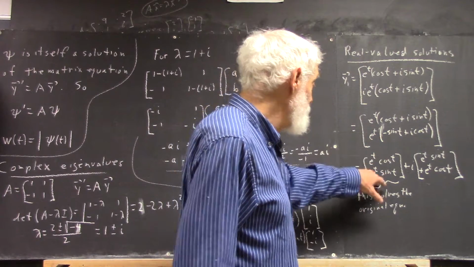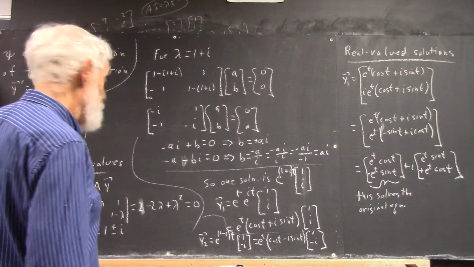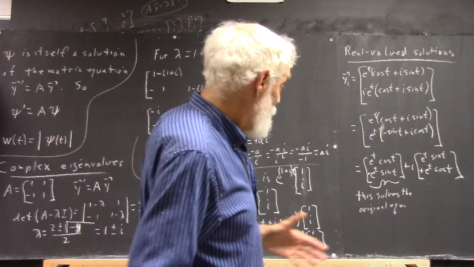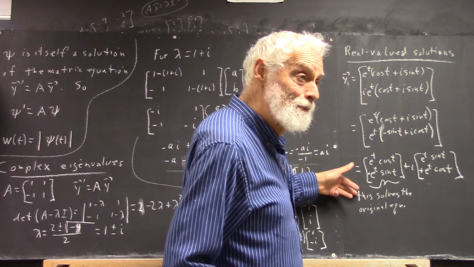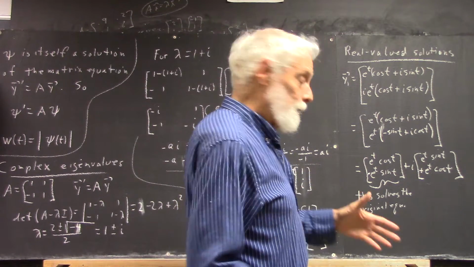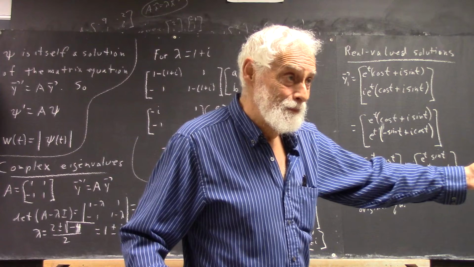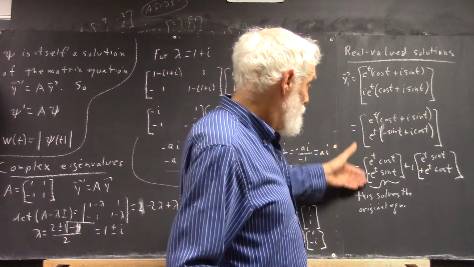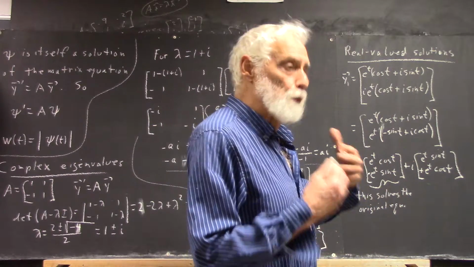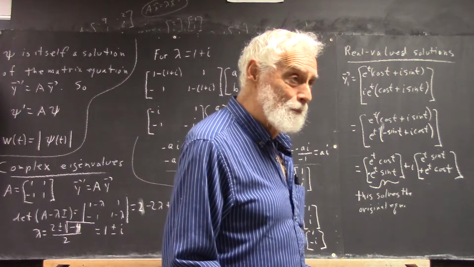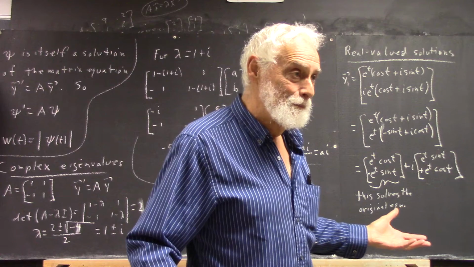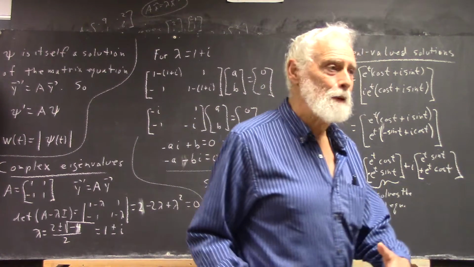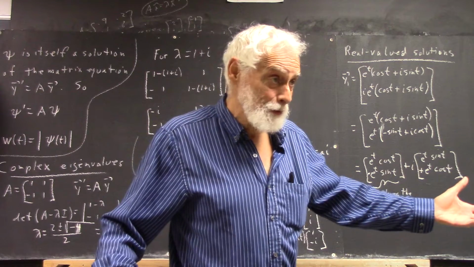Because, of course, when I plug this into the original equation, which has all real coefficients, everything stays real, and the solution has to equal 0. Okay? Which means that what we get from this solution is the real part of something that equals 0. So it has to be 0. Okay? But of course, the imaginary part also has to give us 0.